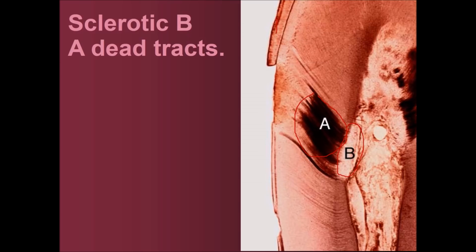Here is the enamel, dentine, and here I have the pulp. Translucent dentine or transparent dentine: we will see the dentinal tubules obliterated by dentine is a normal physiological process.